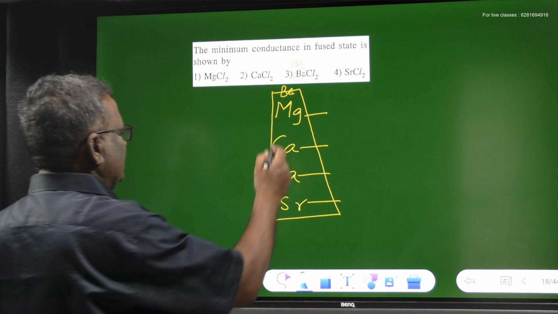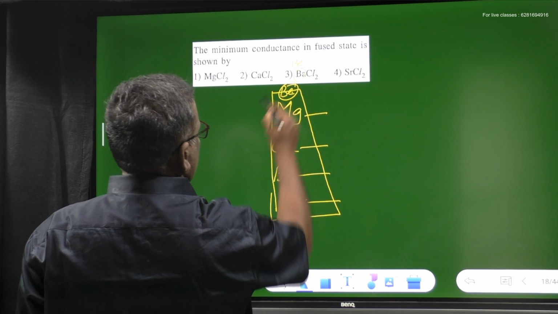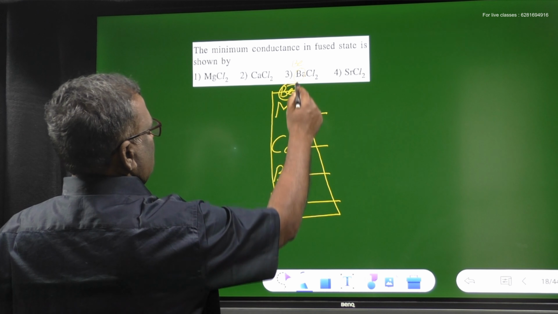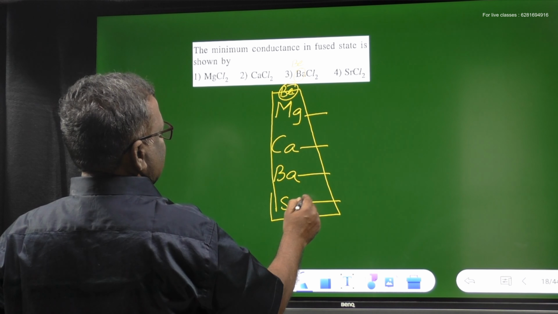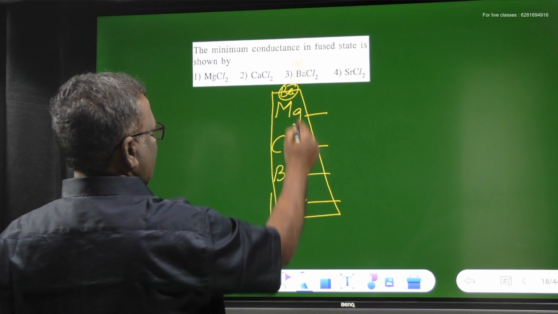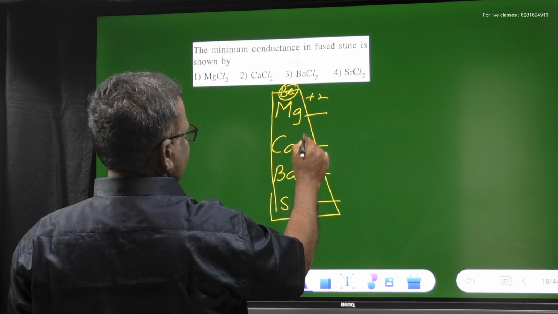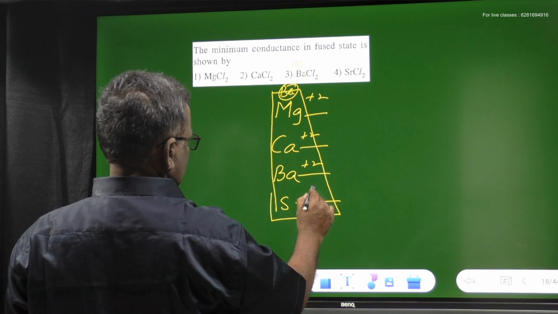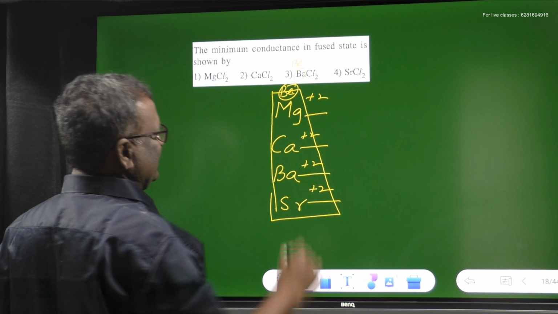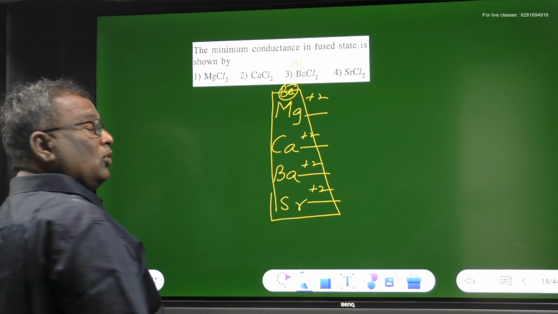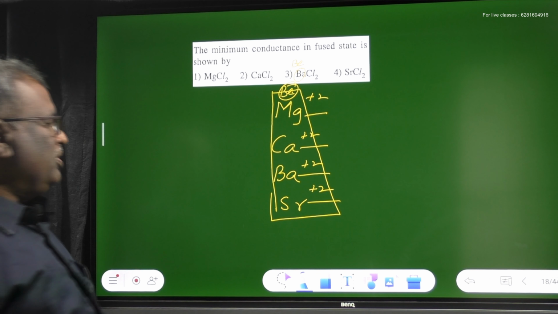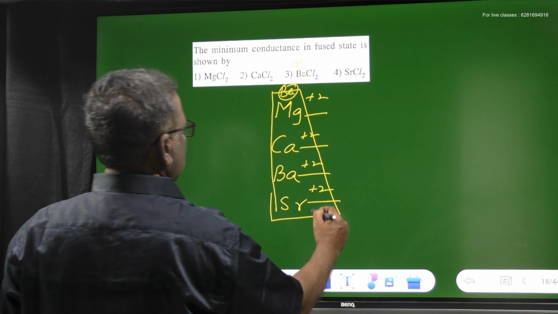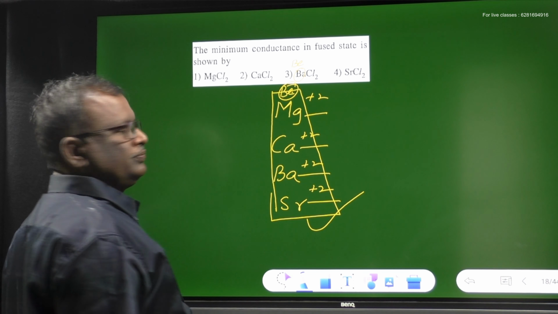If you consider it as barium, in fused state all have +2 charge, but size is increasing. When size is increasing, mobility decreases. So minimum conductance can be through strontium.